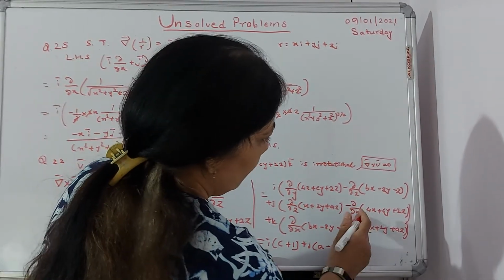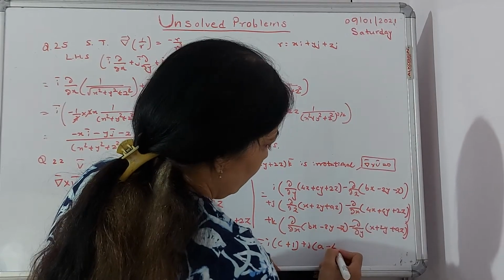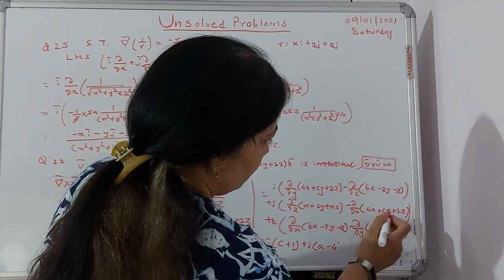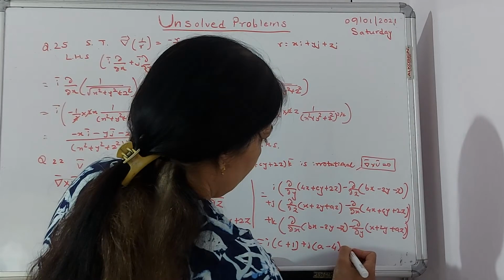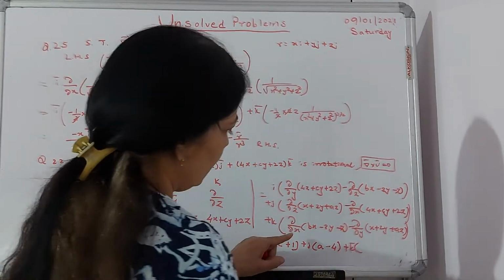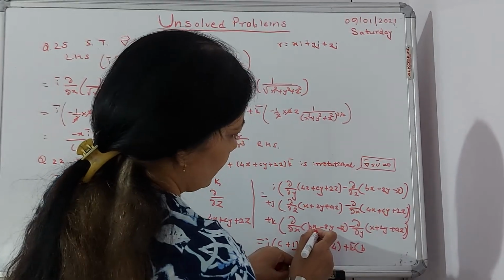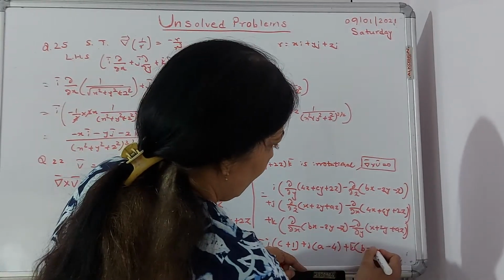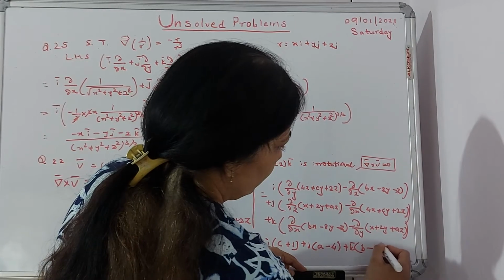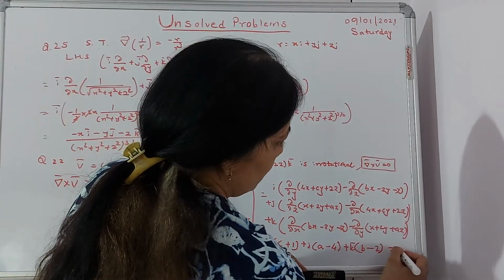In this case, ∂/∂x of 4x will be 4, rest there is no x, plus k times, here ∂/∂x of x is 1, so b, and here it will be 2, right, has to be 0.